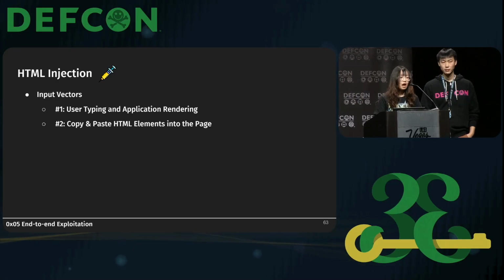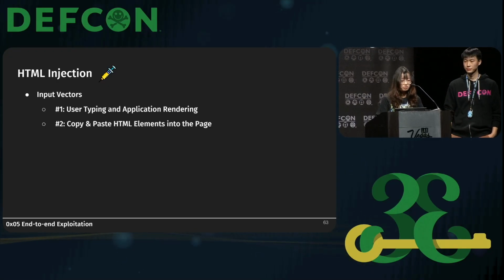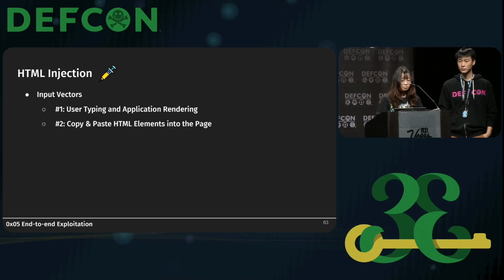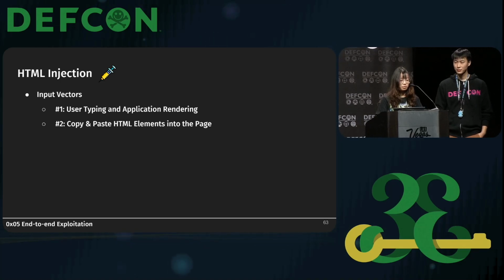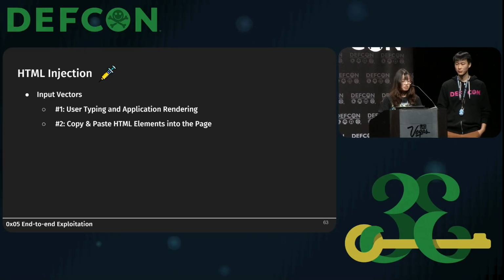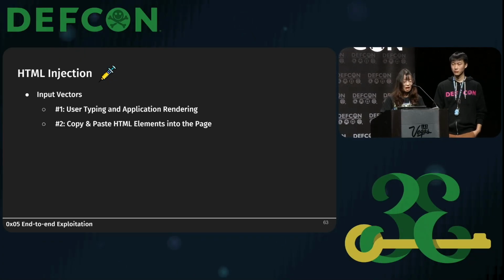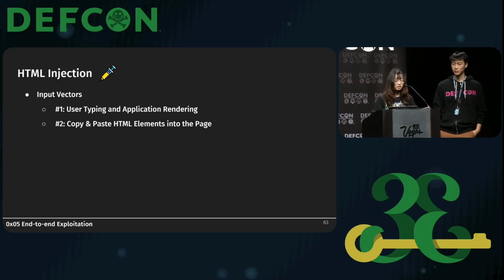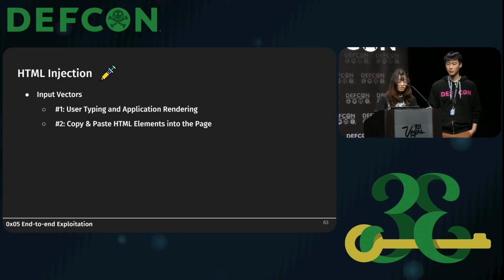Based on how these web applications process user inputs, we categorize the input factors of HTML injection into two types. The first is by user typing and the application rendering. The second is by the user copying and pasting HTML elements into the page directly.